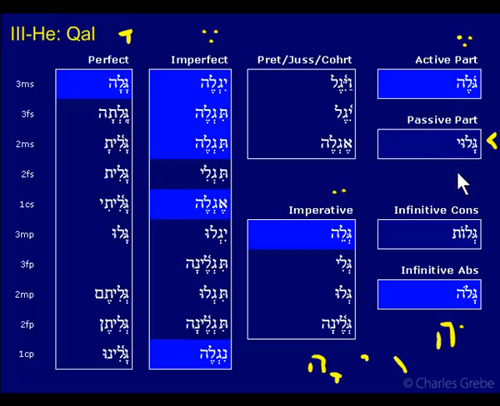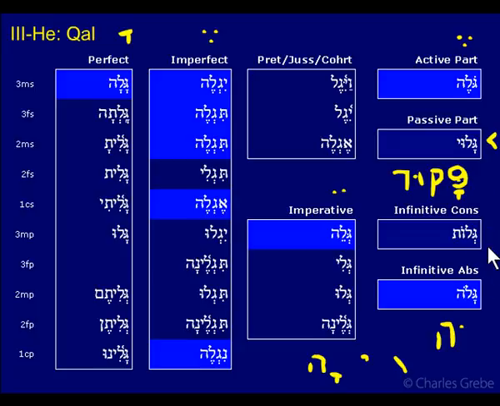Let me just write it down here. Remember the shureq, the U, is the marker of the passive participle in the Kal. Pakud, there should be a dagesh lene in there if I can squeeze it in. So this is very similar to this: galui, pakud. So this one's not too hard.